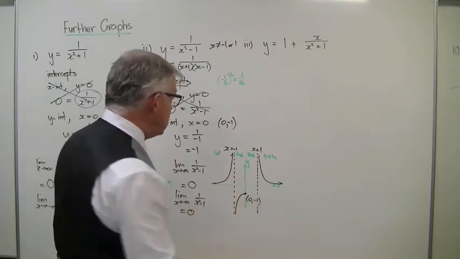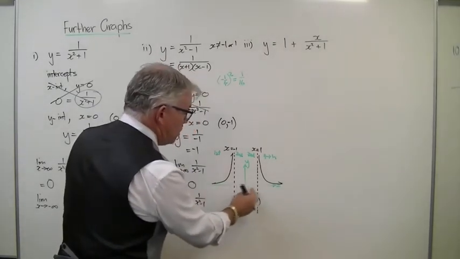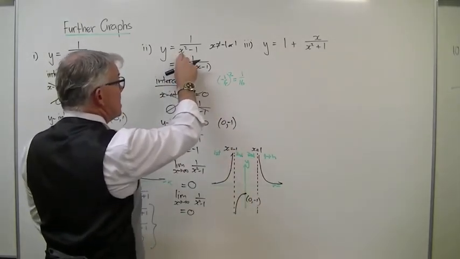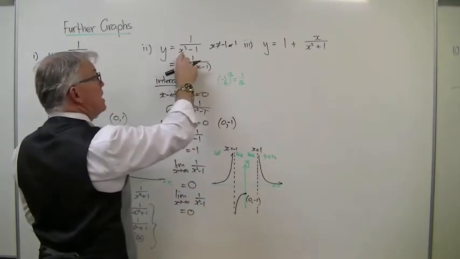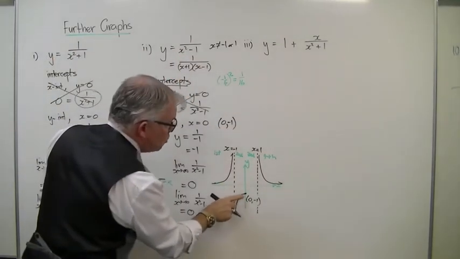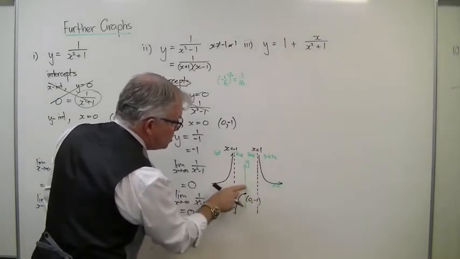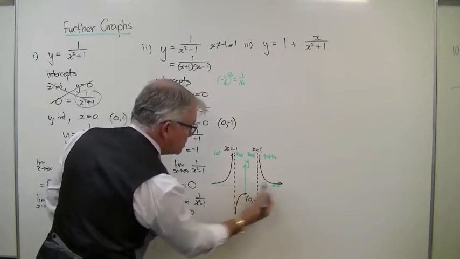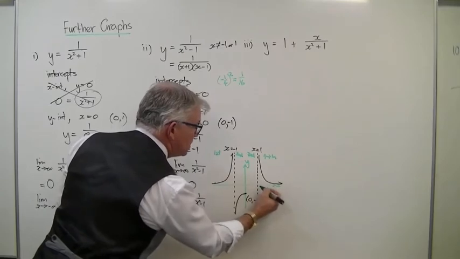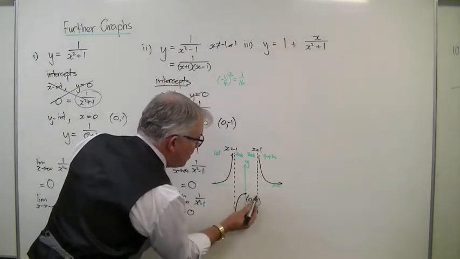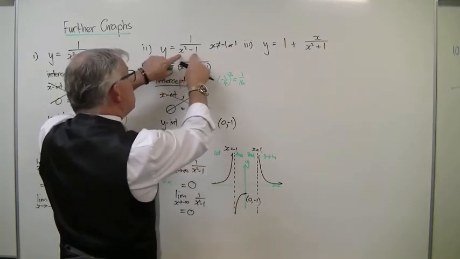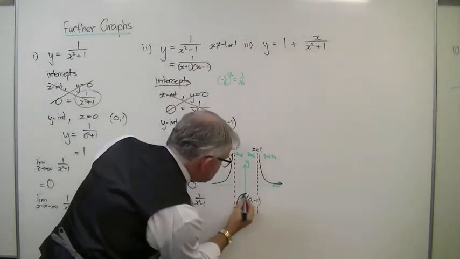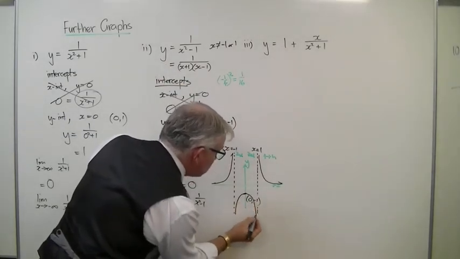If we follow the same process on the other side of x equals 0, when we're close to here, this will be a negative number, and as we approach our asymptote of x equals 1 from the negative side, instead of from the positive, larger side, we're approaching it from the smaller side. The difference between these two things gets smaller and smaller, and following the same process, you will find that the curve is going to look like this.